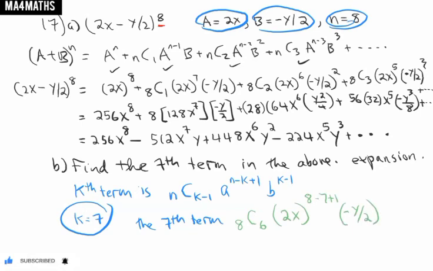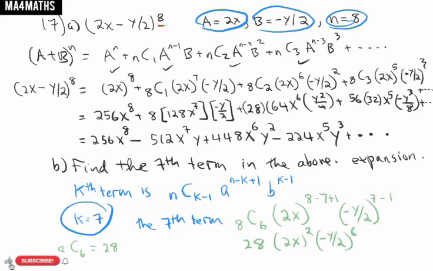K happens to be 7, so it's 7 minus 1. What is 8 choose 6, anyone? Okay, so we're getting 28 from that, which I agree with, by the way. So that's 28. And this is 2x. 8 minus 7 is 1. 1 plus 1 is 2. And this is minus y over 2 to the 6th.